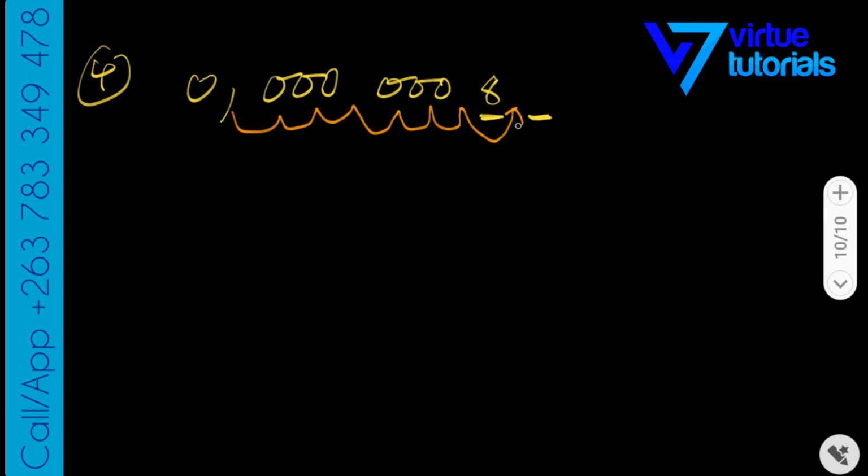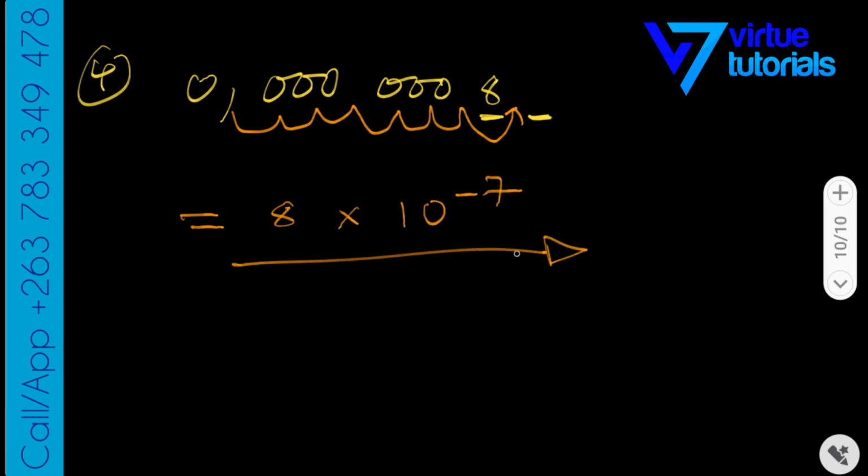But note the direction I'm moving the comma. The comma is moving that way, so that's going to result in me having a minus on my 7. So I've converted that to standard form. So try the questions on conversions from general numbers to standard form, and then we will proceed.